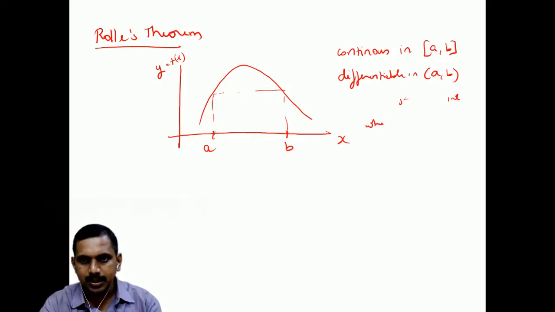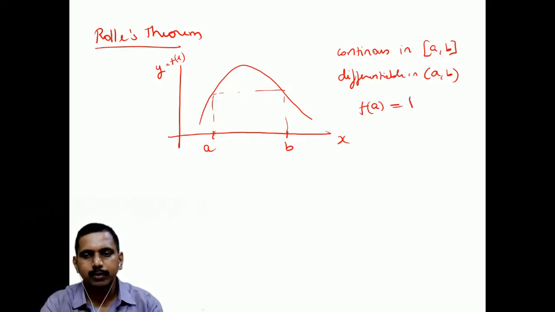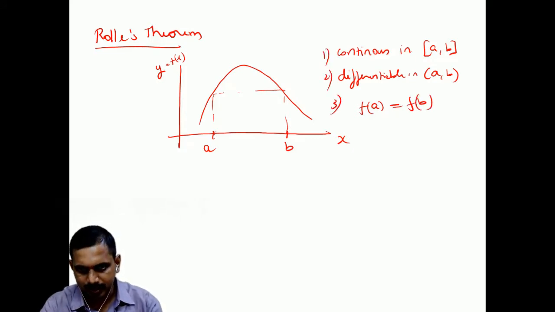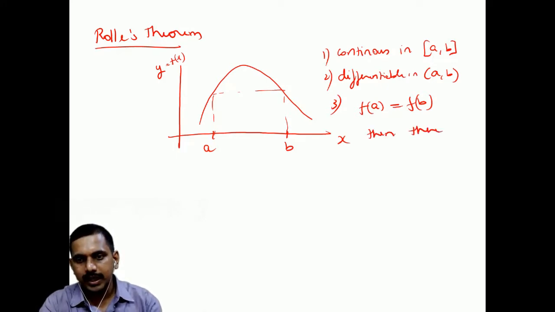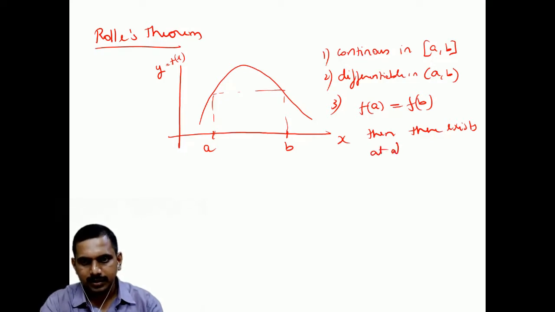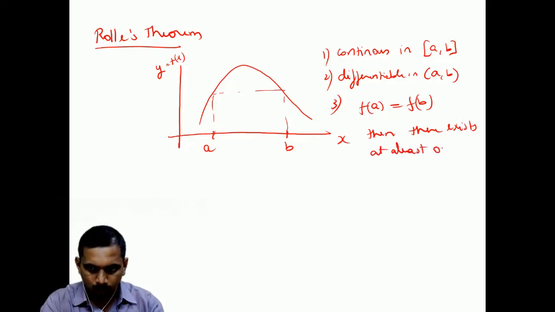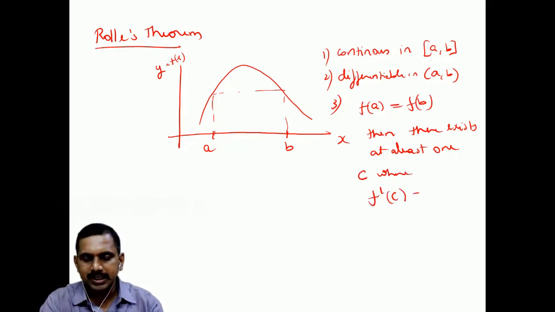In addition to this, f of a should be equal to f of b. If these three conditions exist, then there exists at least one c where f dash of c is equal to 0.